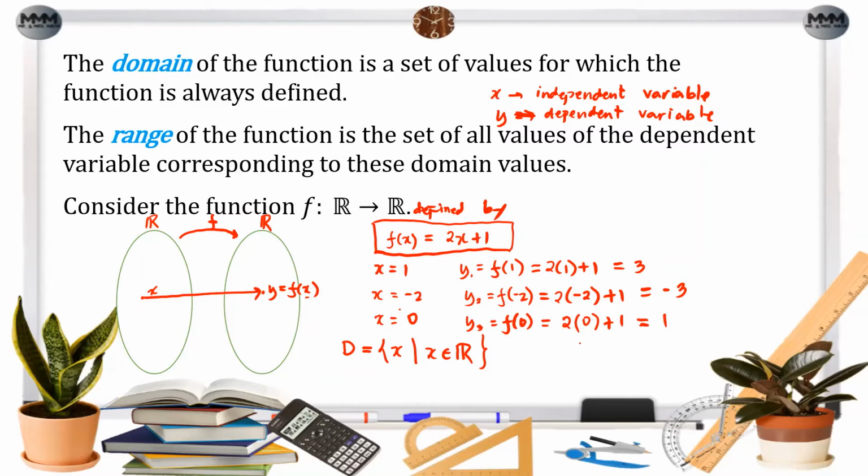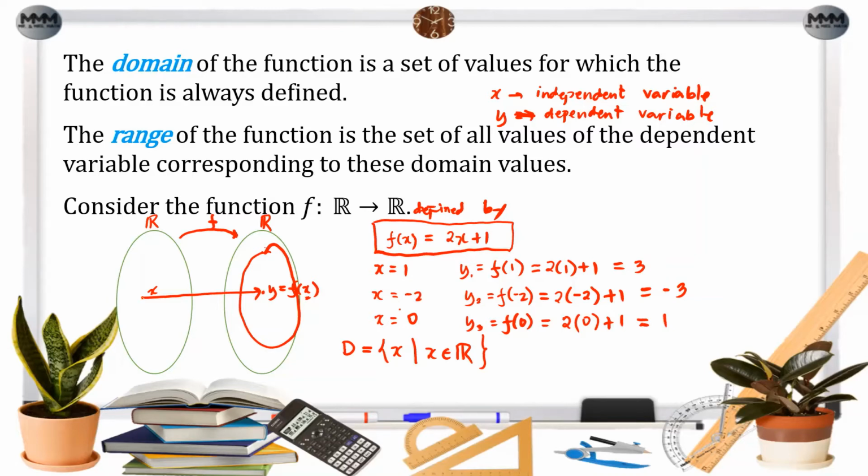Now for our range, here is a subset of our codomain, wherein it is denoted by, here in our illustration, the set of values of y, which is equal to f of x. So it is a function associated with x. It means the range is the set of all images.